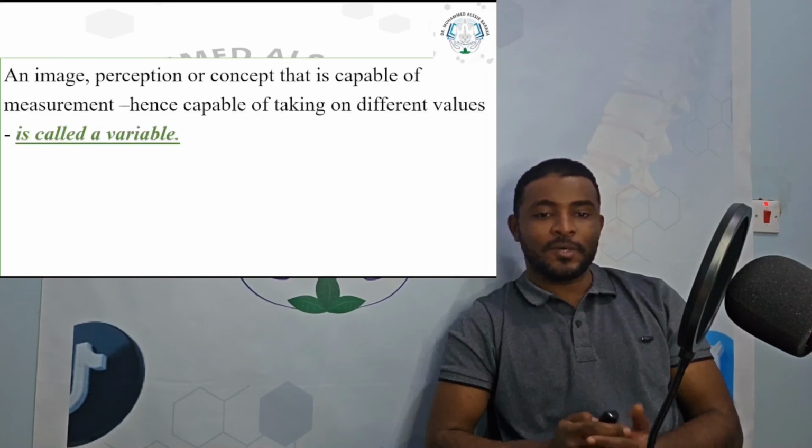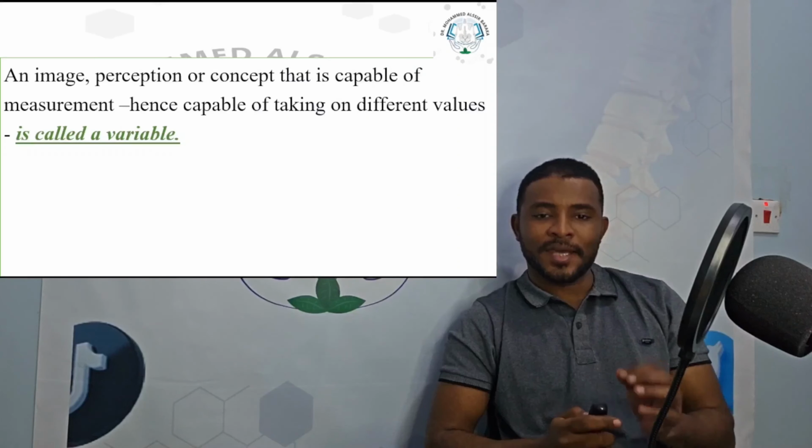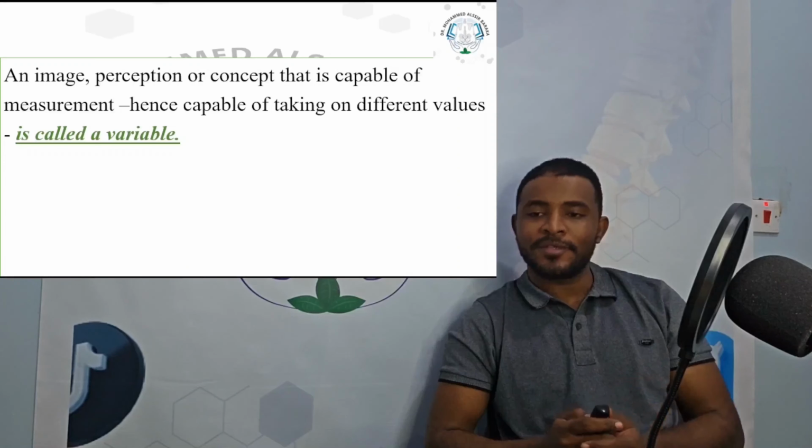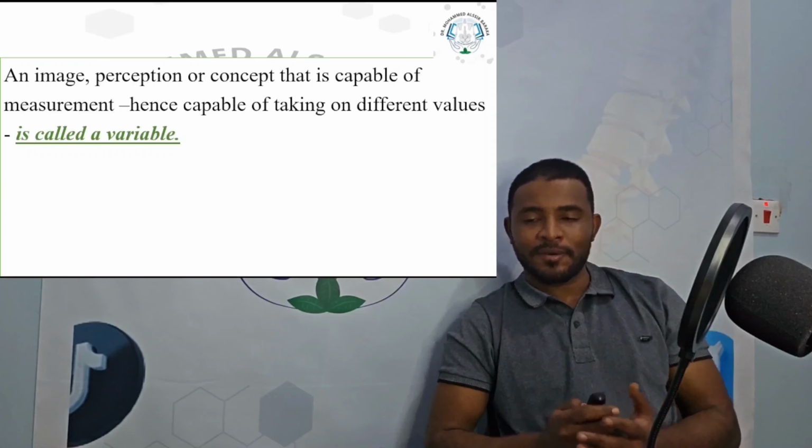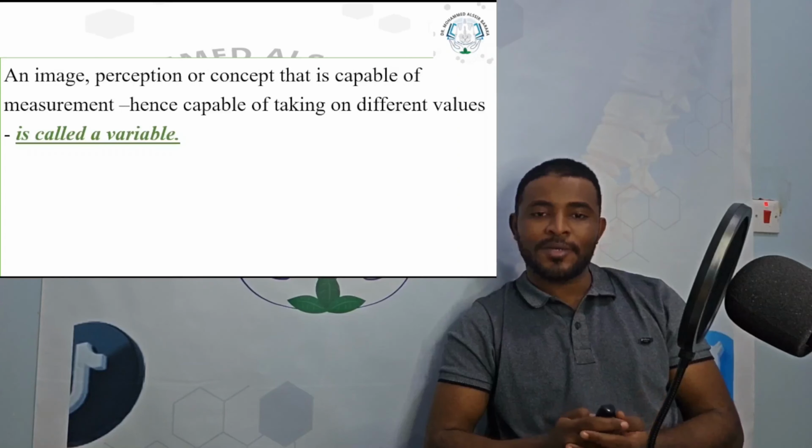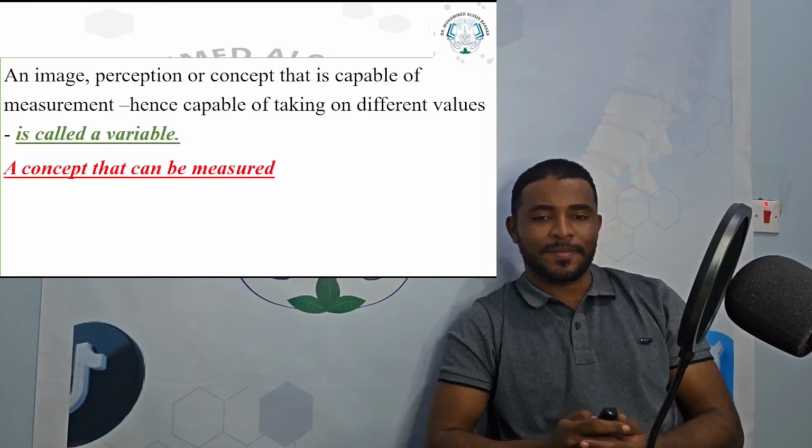What is a variable? It is an image, perception, or concept that is capable of measurement. The concept itself is not capable of measurement, hence a variable is capable of taking on different values. A concept that can be measured.